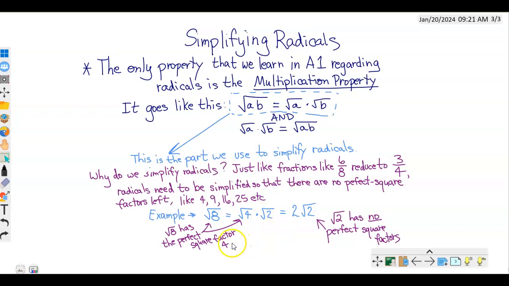So let's have a simple example, okay? Sometimes you'll look at a number and you'll know off the top of your head if there is a perfect square factor of this number. Like 8 is super easy to see. I've got the square root of 4 times the square root of 2, and the square root of 4 is a perfect square.